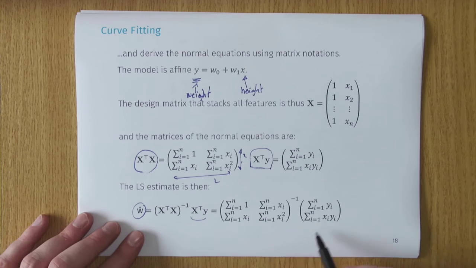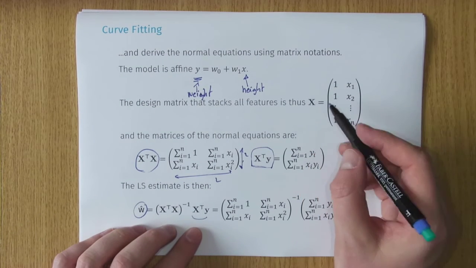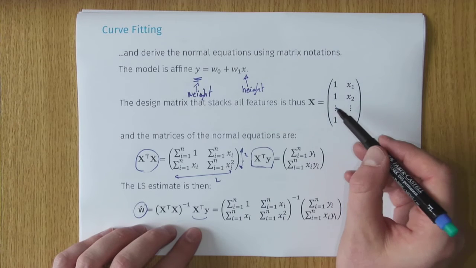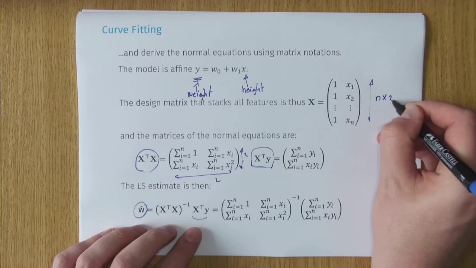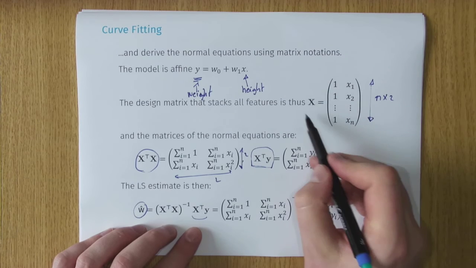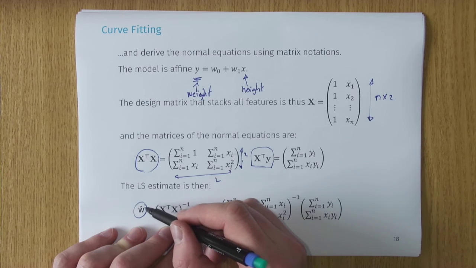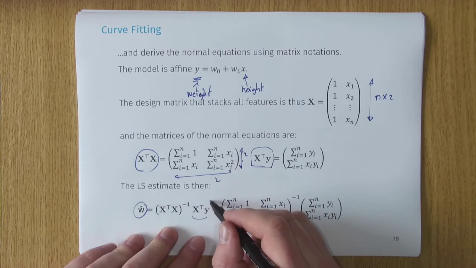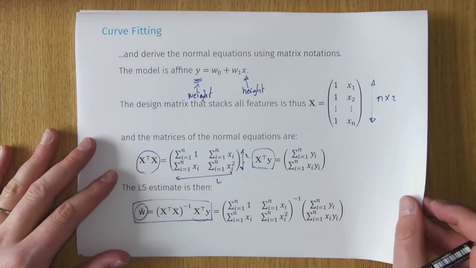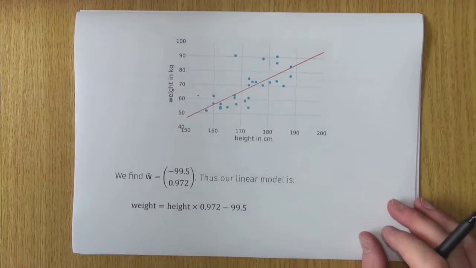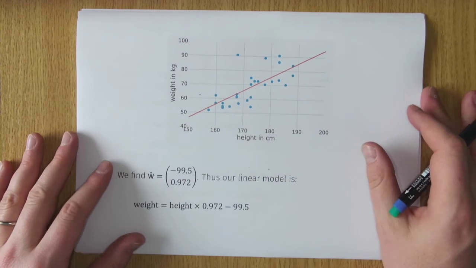But you never really have to write it this way. In Python, you will define in NumPy an n by 2 matrix, and once you have x and y defined, you just compute w hat directly from that equation, and that gives you the answer. And in this case, the answer is just a straight line that goes through all your data.